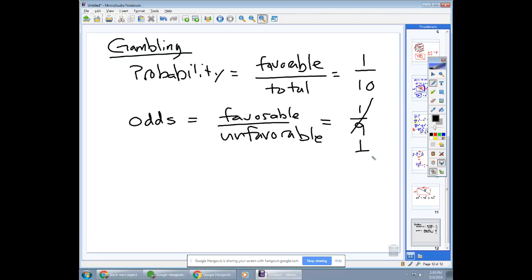So even though they expect the horse for every 1 race it wins to lose 9, they will actually pay out $8 for every $1, which evens things out for them, so they make a little bit. So you might win 8, a bunch of people lose $1, but they gain $1 in the process too, so they can stay in business.